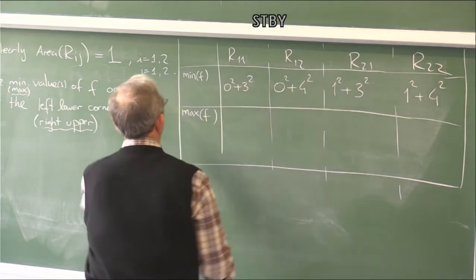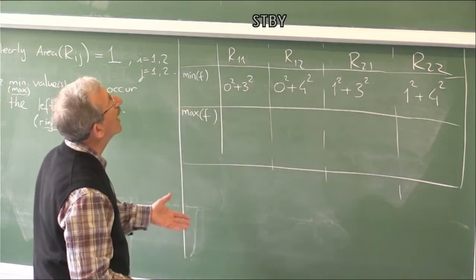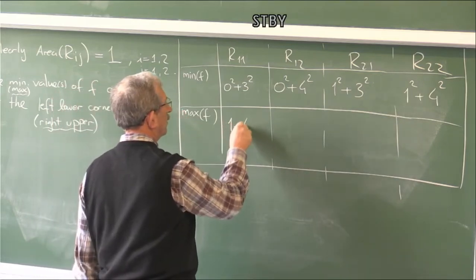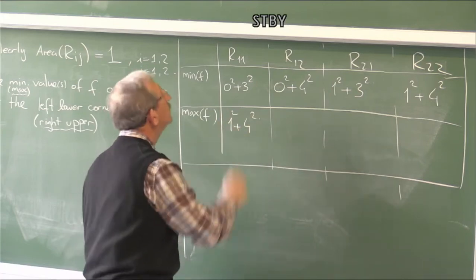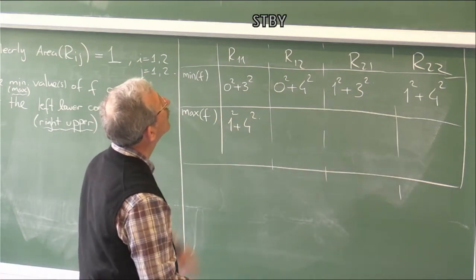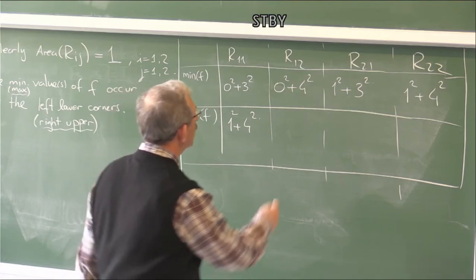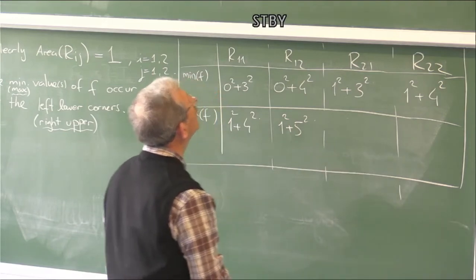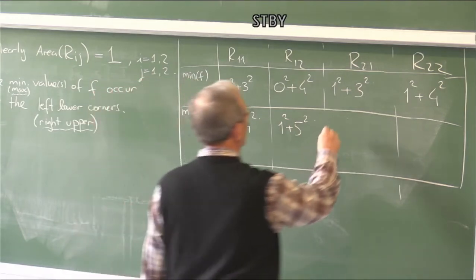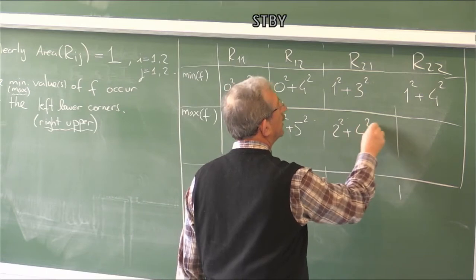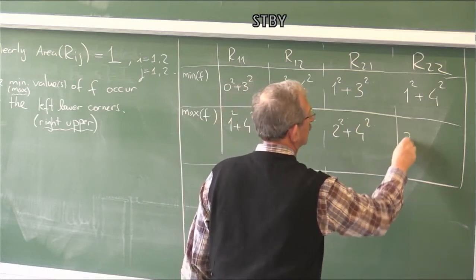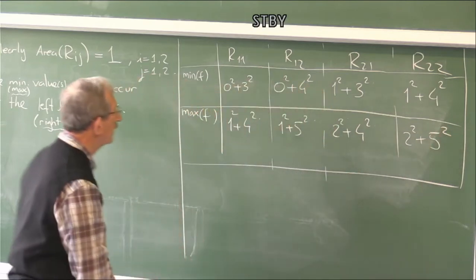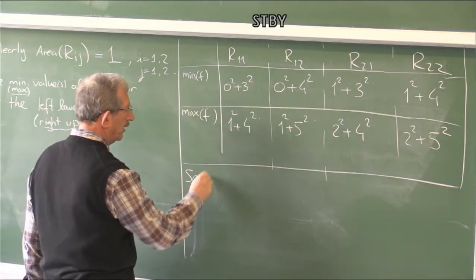These are the f values. Now the maximum values: for R11, it's at (1, 4). In R12, it occurs at (1, 5). For R21, it occurs at (2, 4). And finally, for R22, at (2, 5).